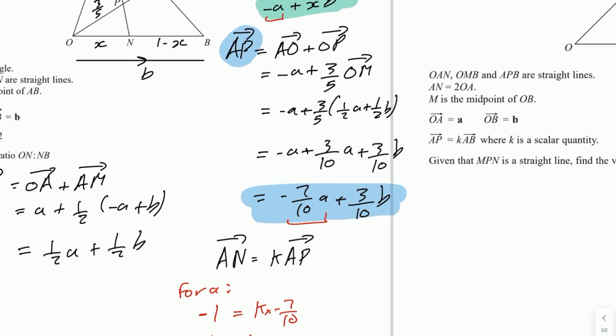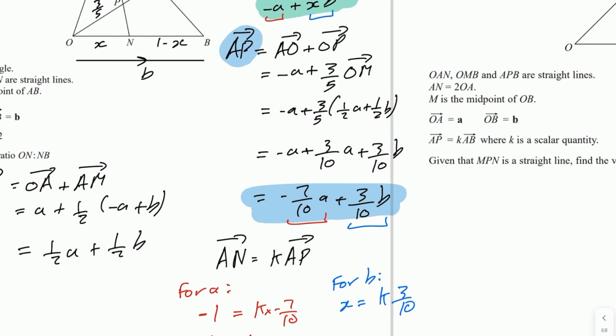And now we can write an equation for b. I'll use a blue. So that's this blue here, and that's this blue here. If I just circle that, that's that and that. And I can say that for b, if you look at AN first, that's going to be x is equal to k times 3/10.